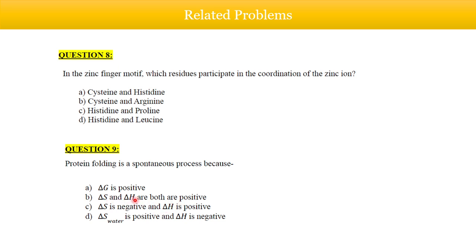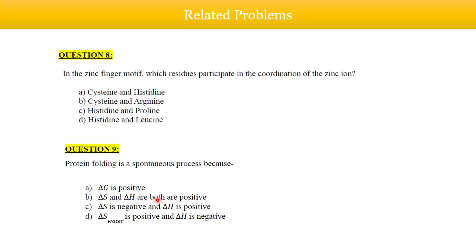Delta S and delta H both positive can be partially correct depending on the values. If delta S is very high positive and delta H is very slightly positive, it is possible, but as it does not say so, A, B and C are incorrect.